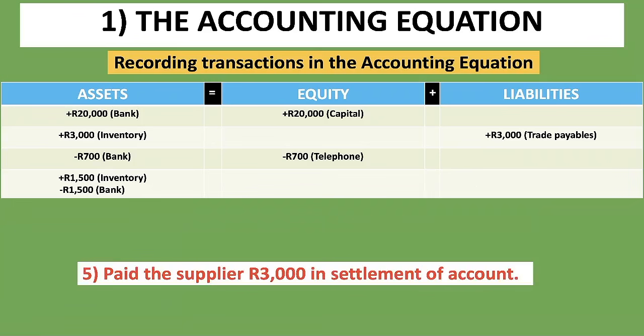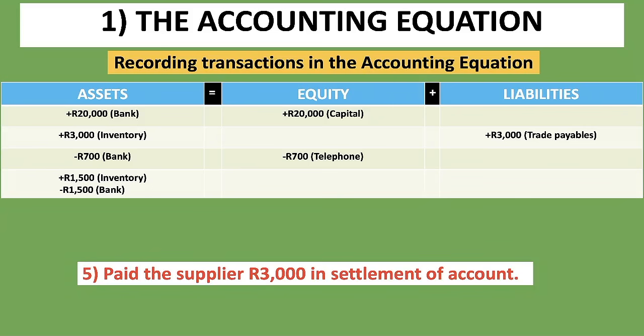Right, let's look at number 5. Paid the supplier 3,000 Rand in settlement of account. So we paid a supplier 3,000 Rand in settlement of account, meaning we're settling the account that we owed the supplier. So what are the two accounts involved here? Well, since you see the word paid, you know that bank is involved, so that's the first account. And the second one that is involved here is trade payables.